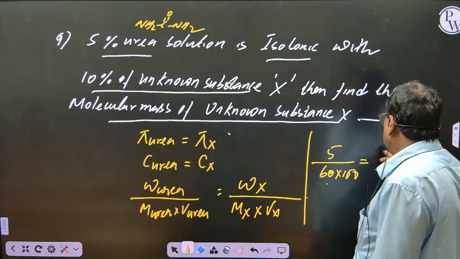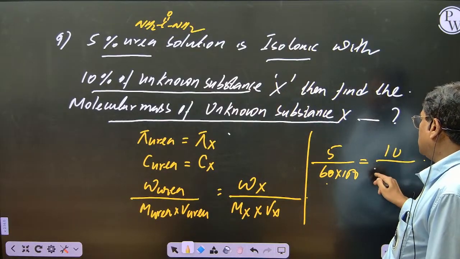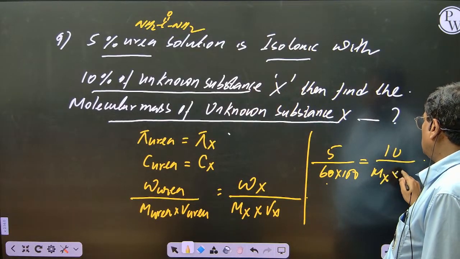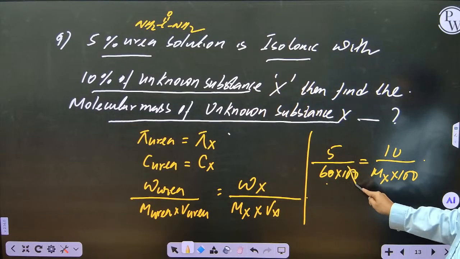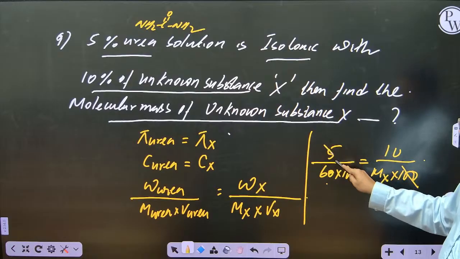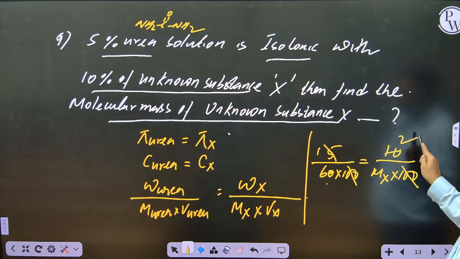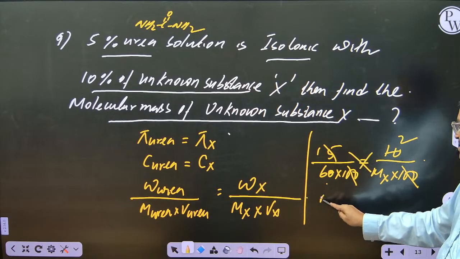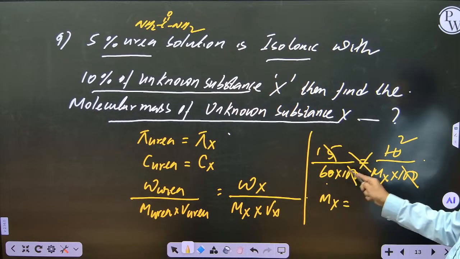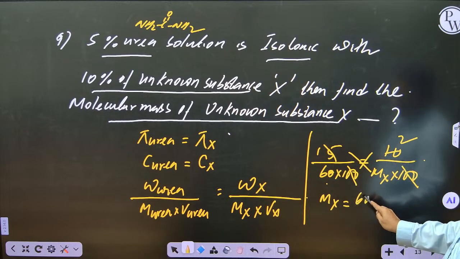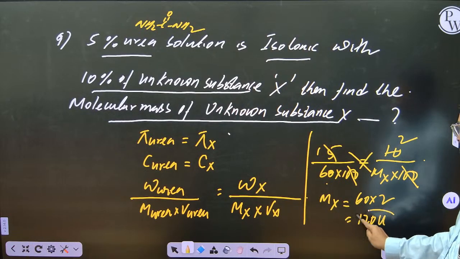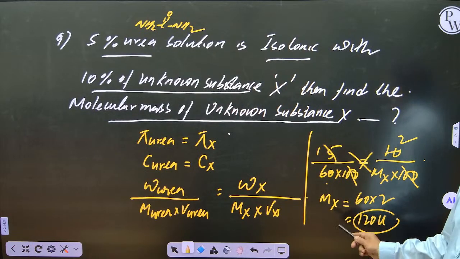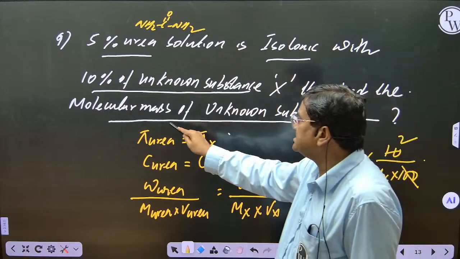So 10 by molar mass, which we don't know, into 100. Correct. Now we can cancel: 100 gets cancelled, and 5 into 2 gives 10. Now find the molar mass of X. Multiply this 60 with 2. That comes to how much, students? 120. 120 in unified mass. This will be the molar mass of that unknown substance X.